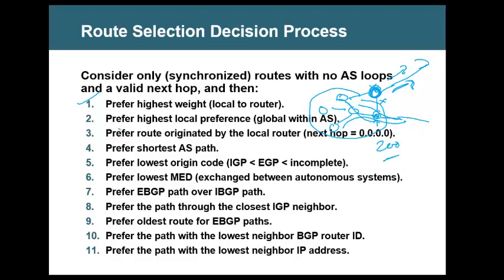Weight. On this router you have set weight to go via the upper path, so that router alone will go via the upper path. In case you have not configured weight, then even that router will come via the below path.